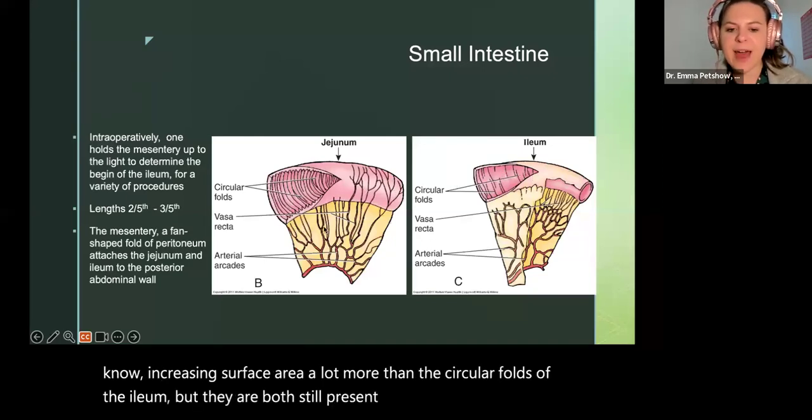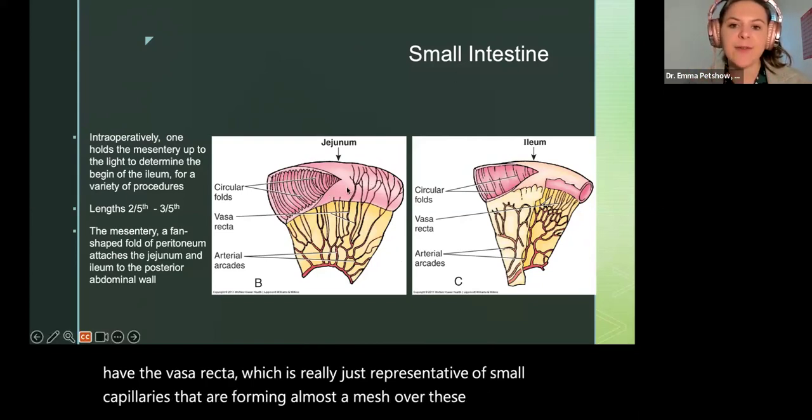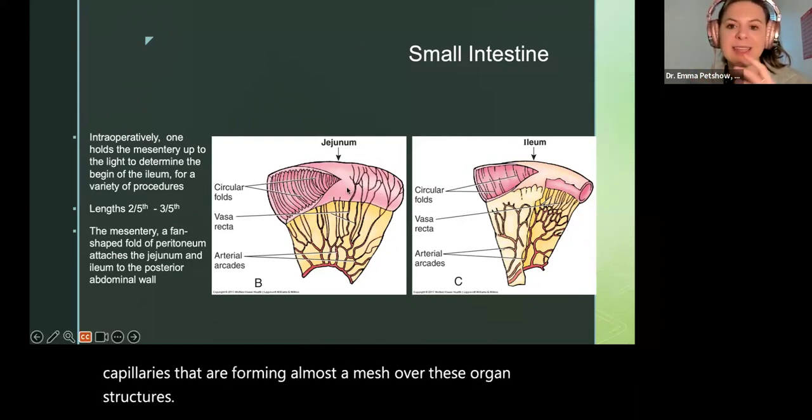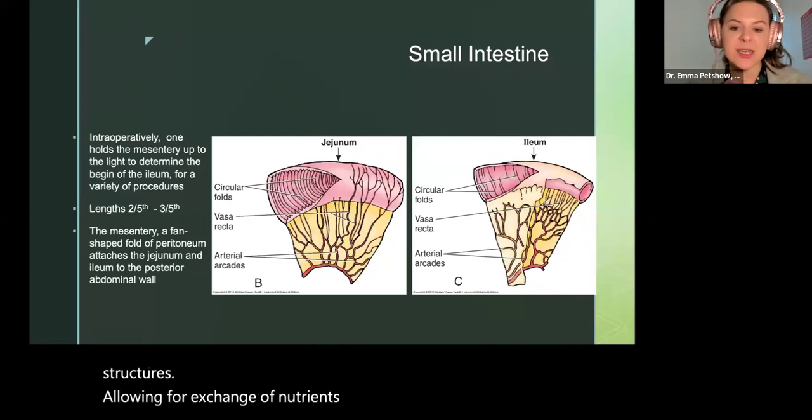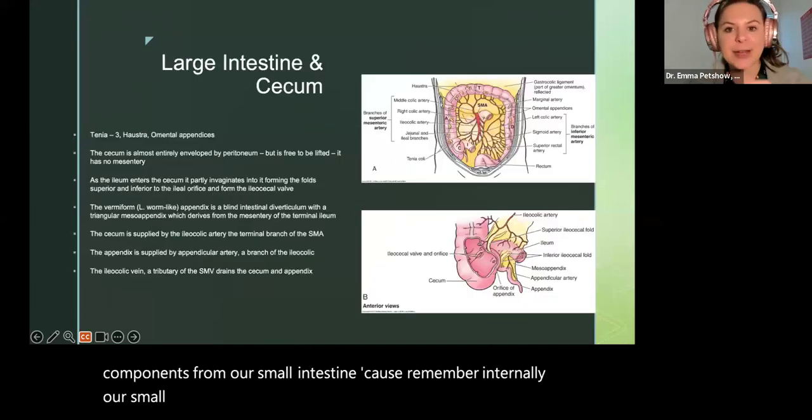And both of them have the vasa recta, which is really just representative of small capillaries forming almost a mesh over these organ structures, allowing for exchange of nutrients, like picking up these digestive components from our small intestine. Because remember, internally, our small intestine has our brush border and our brush border enzymes.